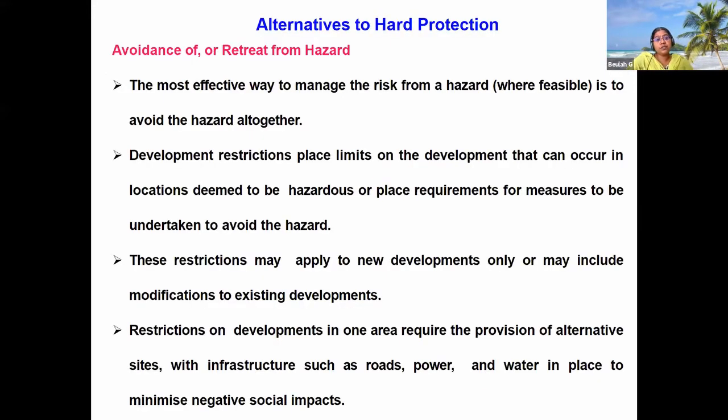The most effective way to manage the risk from the hazard is to avoid the hazard altogether. They are not reduced considerably in a short period of time; in due course of time they can be brought under control.